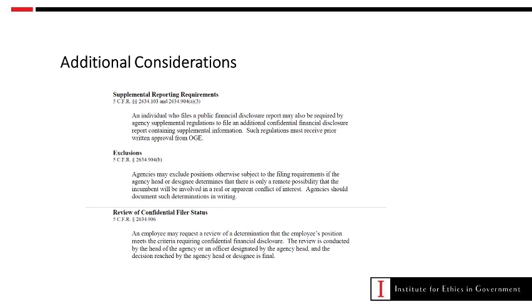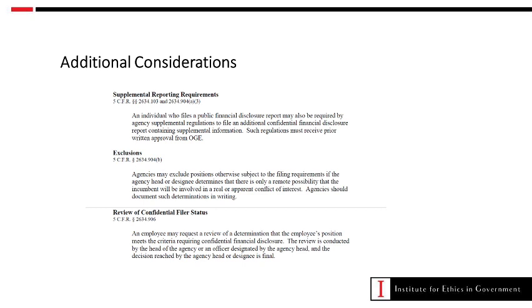So agencies have the ability, subject to prior approval from OGE, to require some filers to report additional information over and above what is required on a public financial disclosure report, or to file, according to supplemental regulations, additional confidential information. That's what that's making reference to.